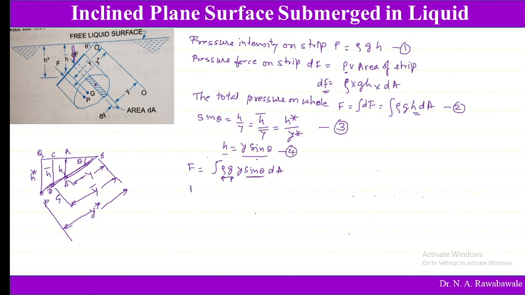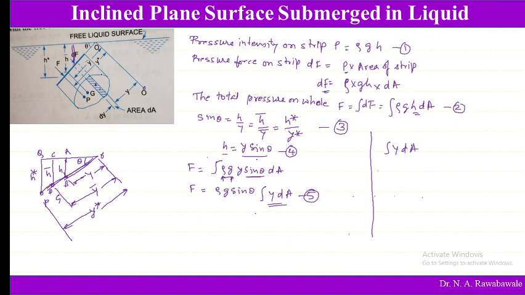Therefore F is equal to rho g sine theta integration y dA. We call this equation number 5. Now from this equation number 5, integration y dA means the moment of this small area about this axis OO is the moment of this small area.